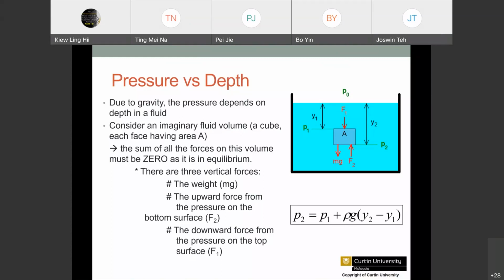When you submerge something down into the water, you will feel different pressure. The deeper you go, the higher the pressure, right? If you went diving before, when you are near the surface, you won't feel much pressure, but if you go deep down to the bottom of the sea, you start to feel the pressure, especially on your eardrum.